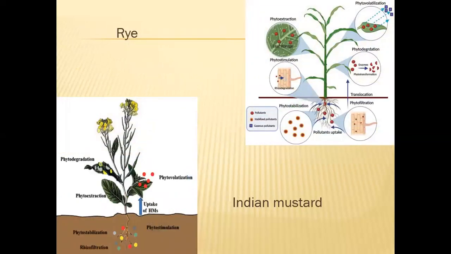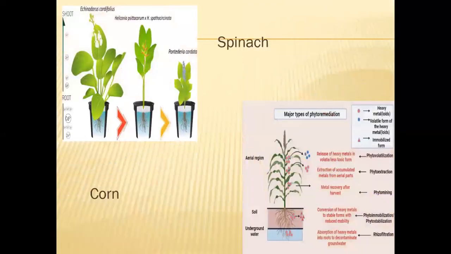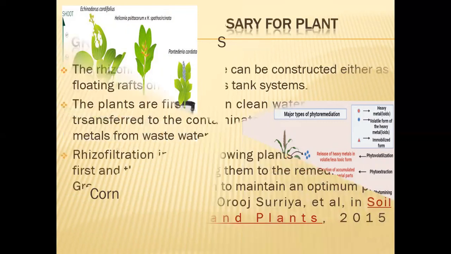Rye plant, Indian mustard plant, and in these pictures also we can see the movement of heavy metals. Spinach and corn. These are some of the species which we use for rhizofiltration. Moving to the next slide.